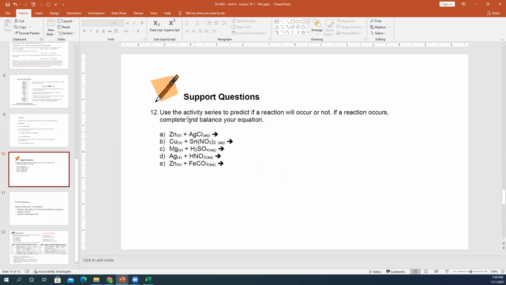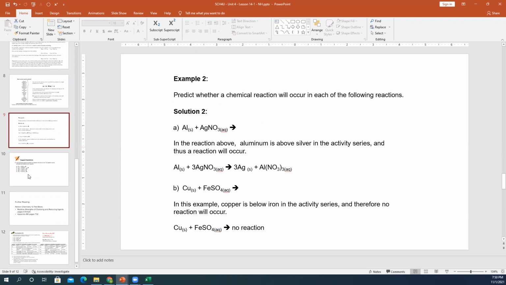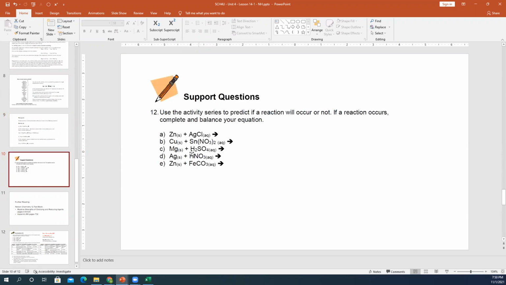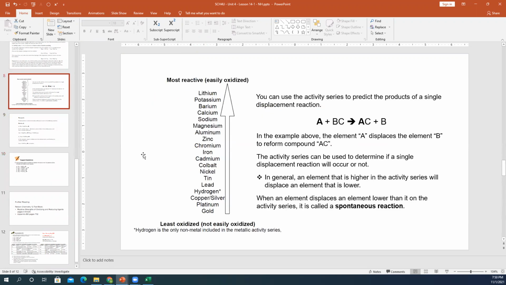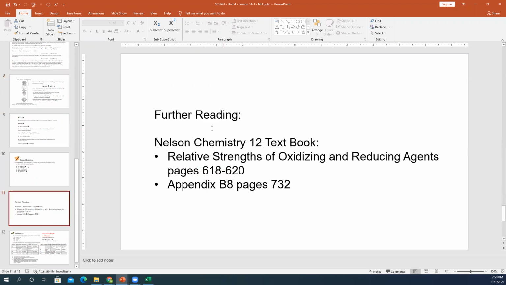Then you have just some support questions, just like the 2 examples that we looked at, that you guys can practice with, just to get a feel for how to interpret the activity table and the position of these metals with respect to each other. And if you want to do some further reading, your Nelson 12th chemistry textbook is the perfect place to do it.